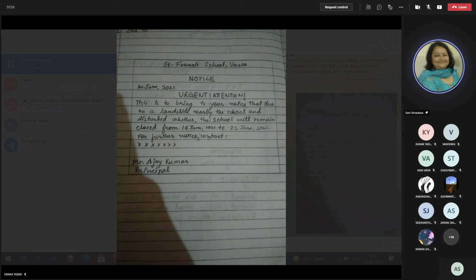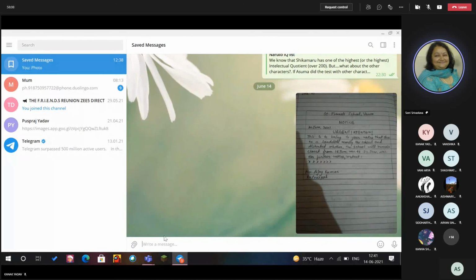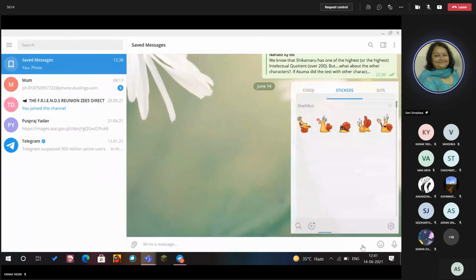This is to bring to your notice that due to a landslide nearby the school and disturbed weather, the school will remain closed from now. Further notice, contact. Fine. But check the spelling of weather, beta. Just now we had a discussion, in fact, about weather and whether. Otherwise it is perfect. All the date, time, venue, everything is given.